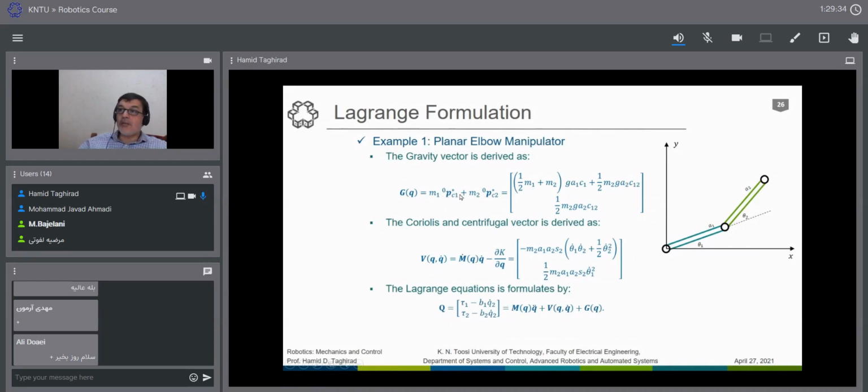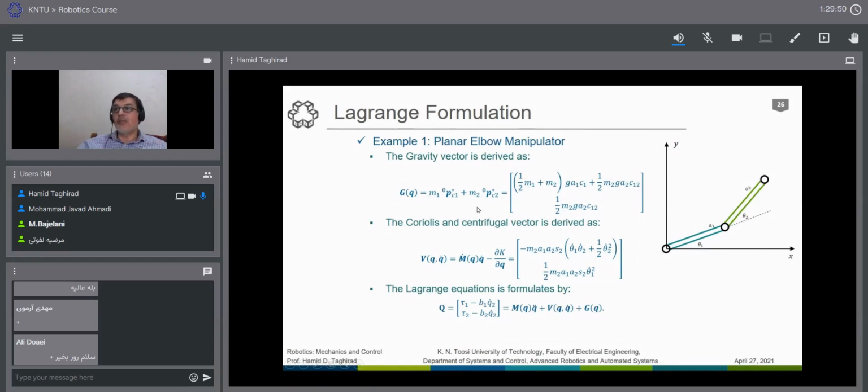So M times this, M G times P, G transpose, and G is in the minus Y direction, so we have minus M G PC1. The result will be given in this form.